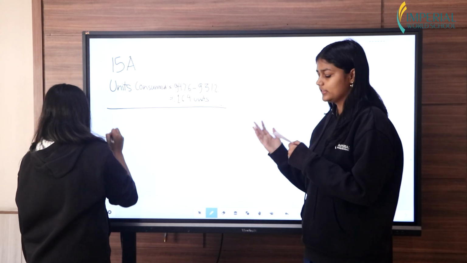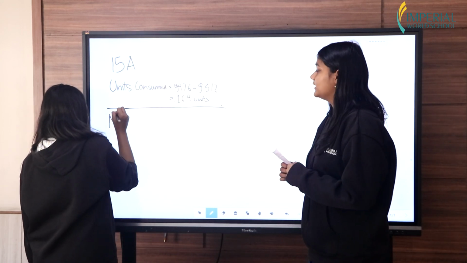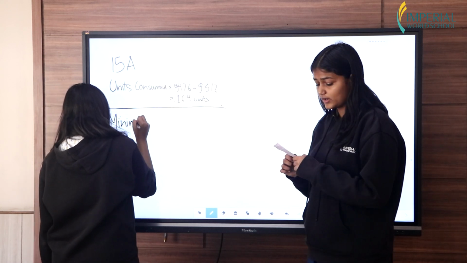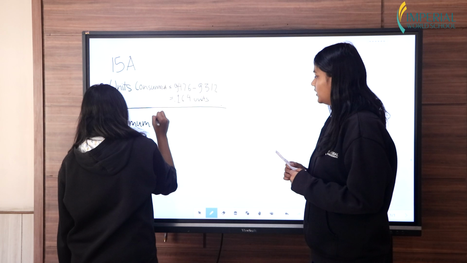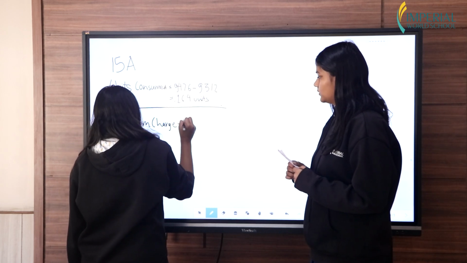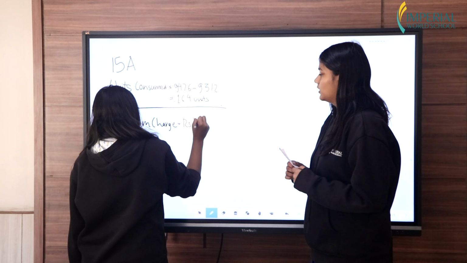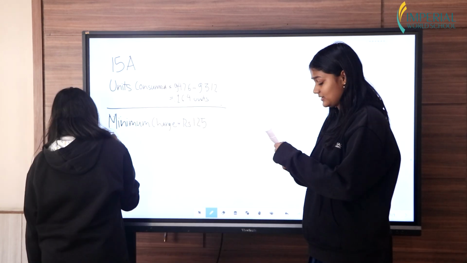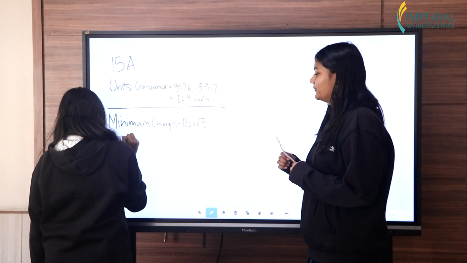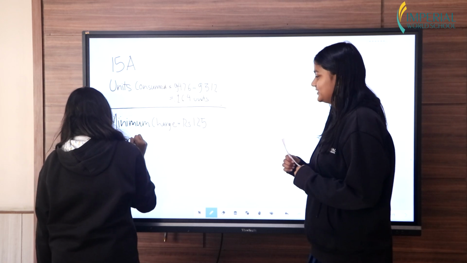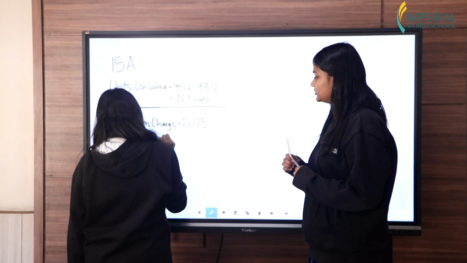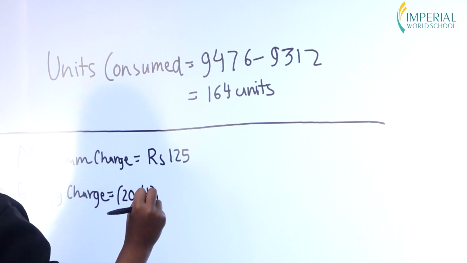To calculate the bill further, we need the minimum charge for 15 ampere, which is rupees 125. Now, we calculate the given units with energy charges. For the first 20 units, the energy charge is 4.